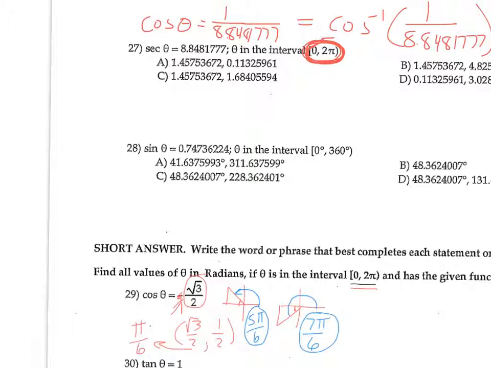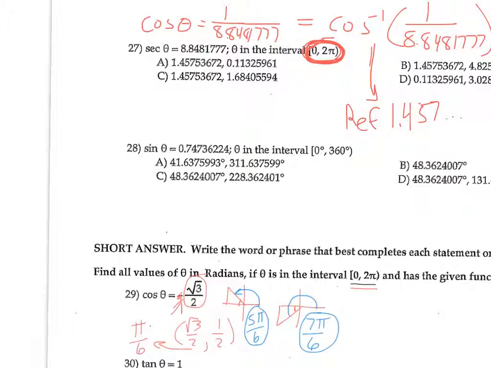So let's set our calculator to radian mode. When I find that out here, the reference angle I get on my calculator is 1.457 and a whole bunch more.